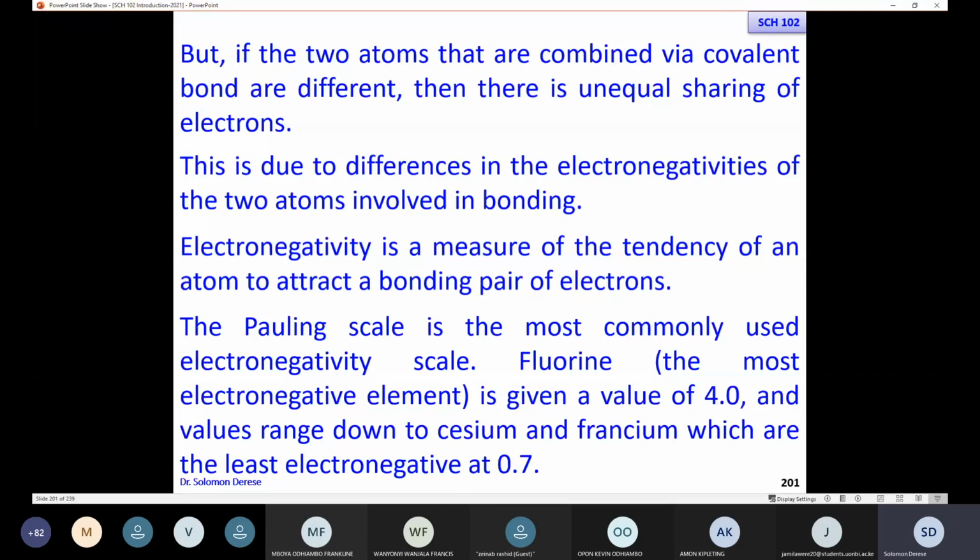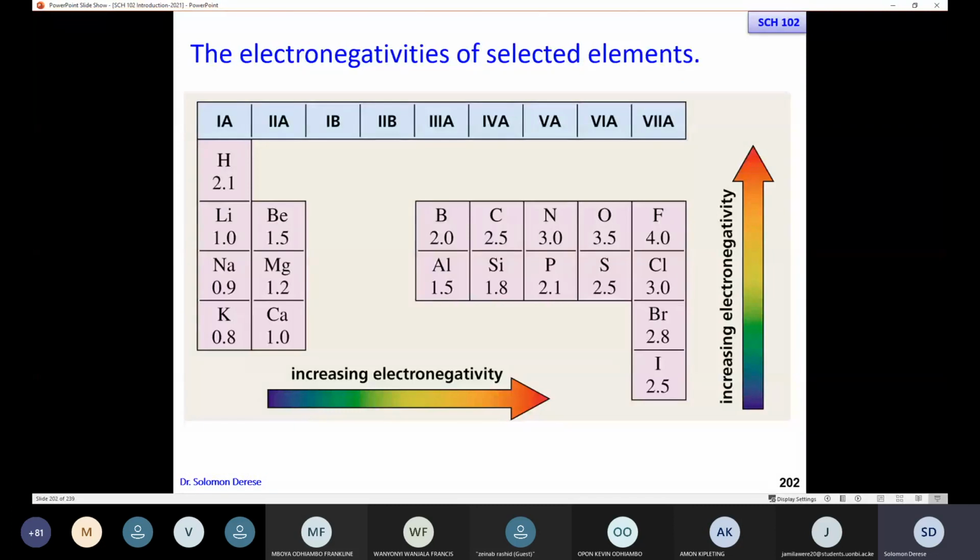So electronegativity varies from the most electronegative element, fluorine, which has an electronegativity of 4.0, to that of cesium and francium, which have an electronegativity of 0.7.